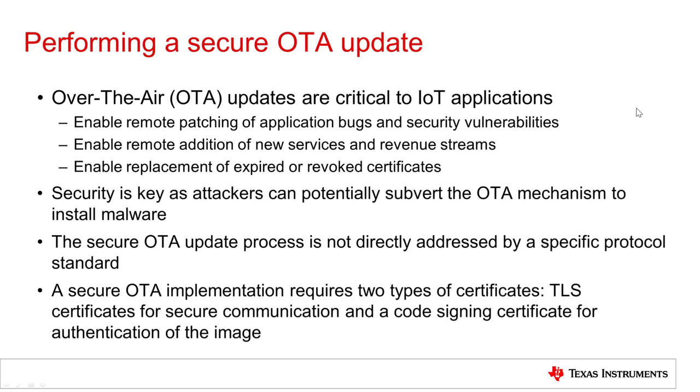So what we're going to do here is walk through an implementation of an OTA process that does deliver security. Now, of course, secure OTA requires a secure TLS-enabled connection. But in addition, it also requires another certificate called a code signing certificate that's used to authenticate the image.